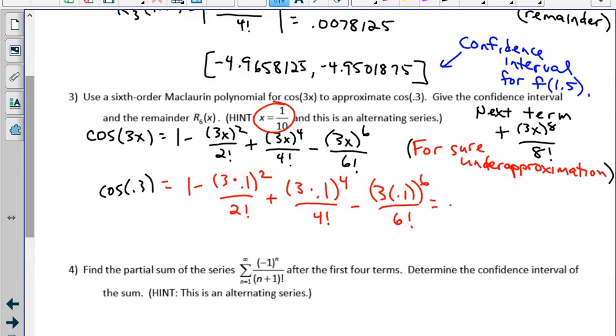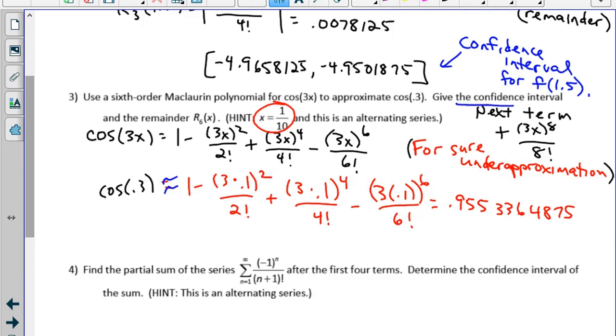And that ends up equaling 0.9553364875. Now, when you're doing problems like this, you're probably going to want to keep as many decimal places as you possibly can from your calculator because we're dealing with very, very minute differences in a lot of things. So this is our approximation of cosine of 0.3. I probably should put squiggly equal signs there since it's definitely an approximation.